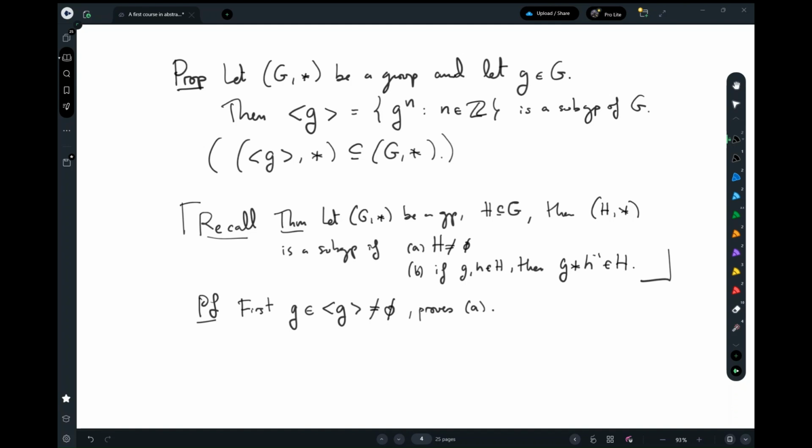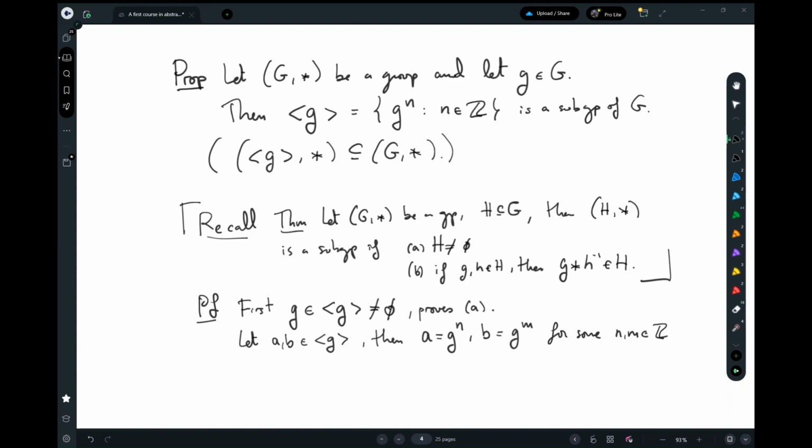Now for part B, let a and b be elements of the subset generated by g. Then they are generated by g, so they have to be powers of g. So a is g to the n, and b is g to the m, for some integers n and m.